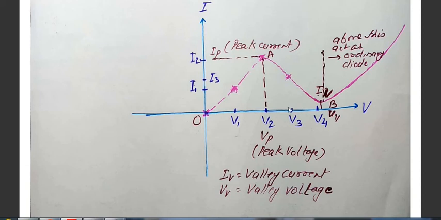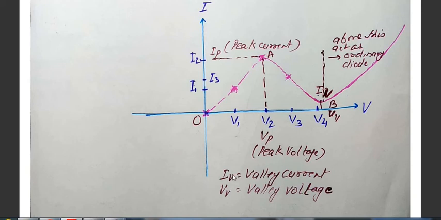And when we further increase the voltage to V4, because there is very less overlapping, very less current is going to flow, and suppose this is the magnitude of current at V4, that will be I4. And if we further increase our voltage above V4, this tunnel diode will behave just like an ordinary diode.